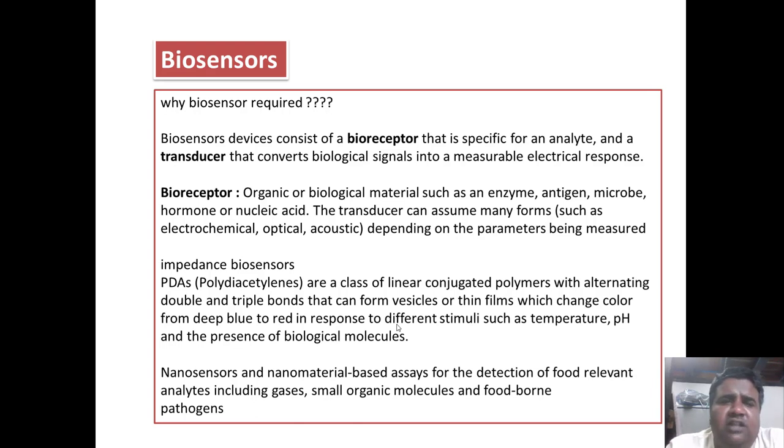The traditional methods are very tedious as well as very time consuming. If you wish to state that your product is contaminated with coliform or salmonella, it may need at least 3 days to do the confirmatory test. So it is very time consuming. We can replace this time consuming method with biosensors.